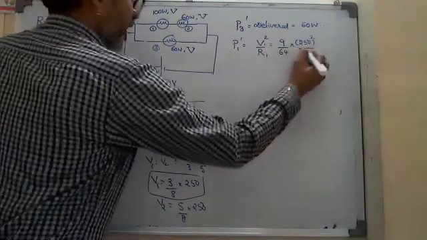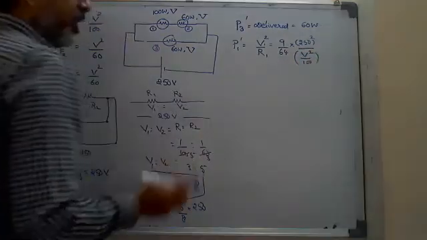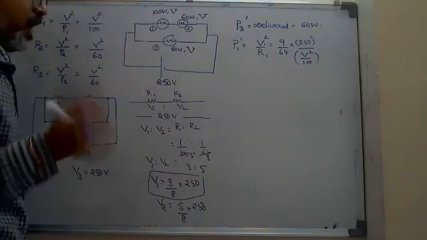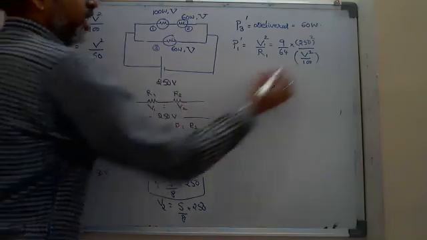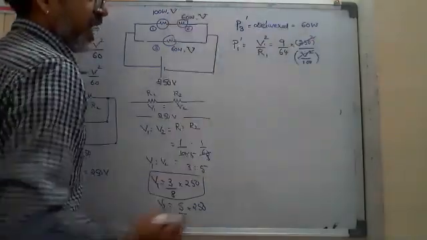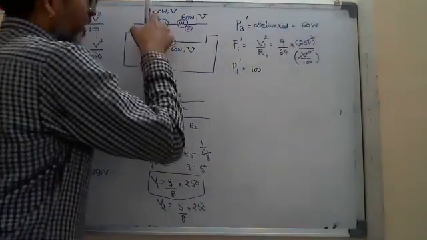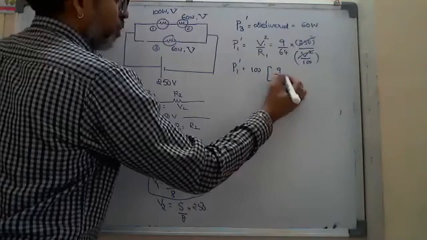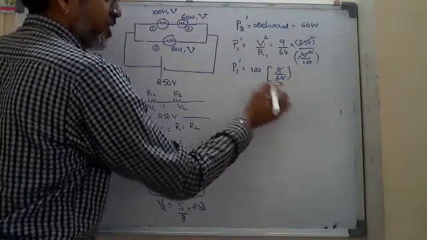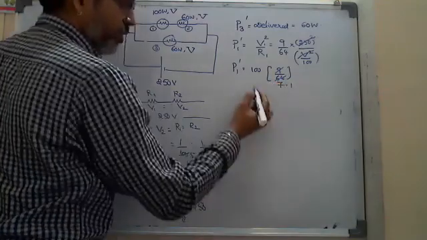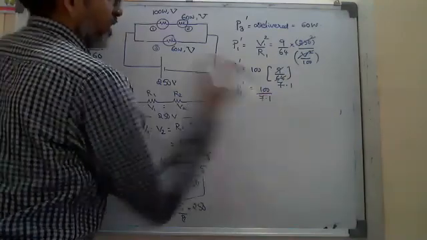R1 is V square by 100. Since the V value is not given, I already told you to take the printed voltage equal to the connected voltage, so V square gets cancelled. P1 dash you are getting as 100 into 9 by 64. Approximately, 9 ones are 9, sevens are 7, of course 111 recurring you will get. So P1 dash is 100 by 7.1 approximately.